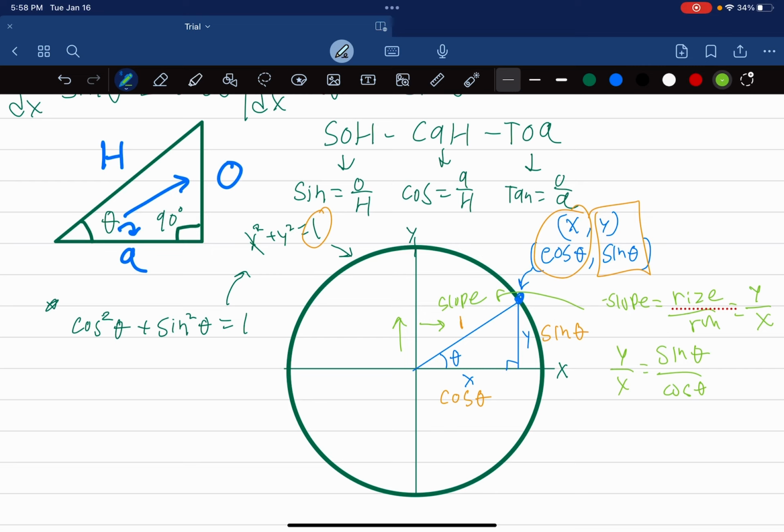Now, if you come back to your tangent up here, your opposite over adjacent, guess how else you can get this? Tan is equal to sine over cosine, right?